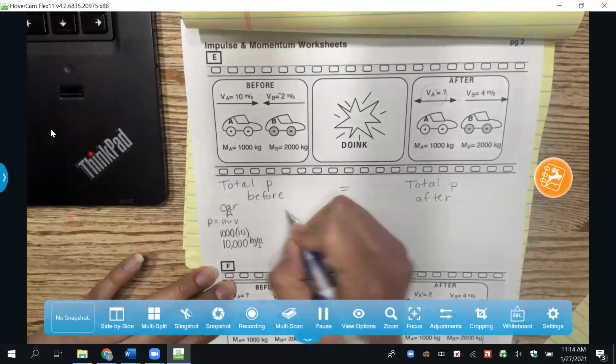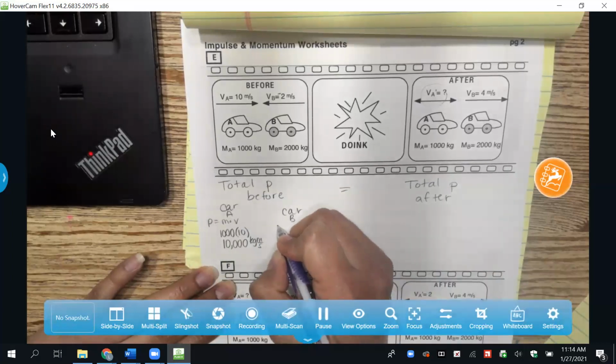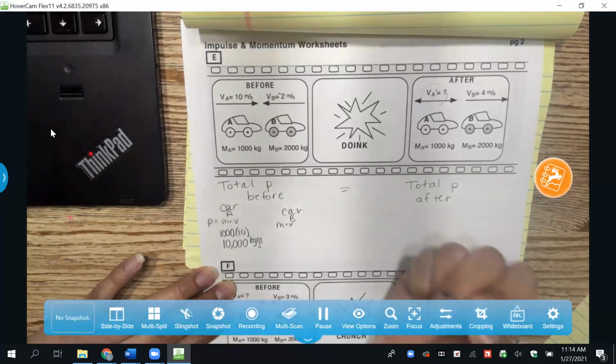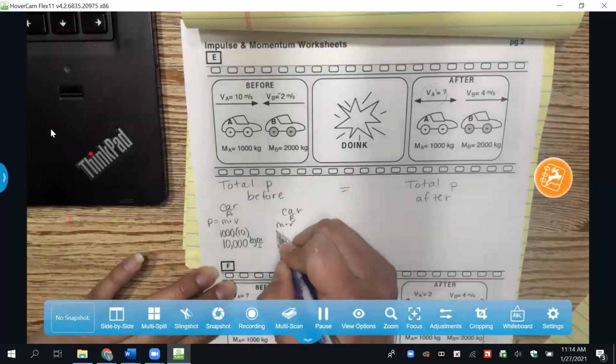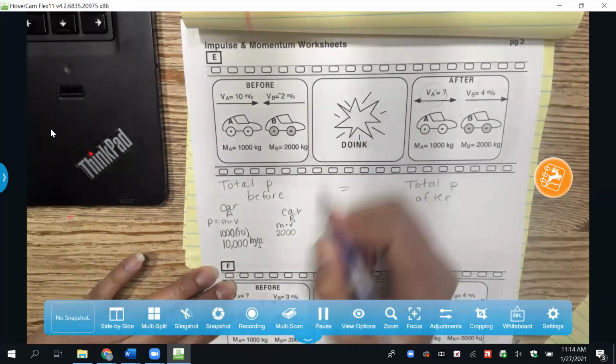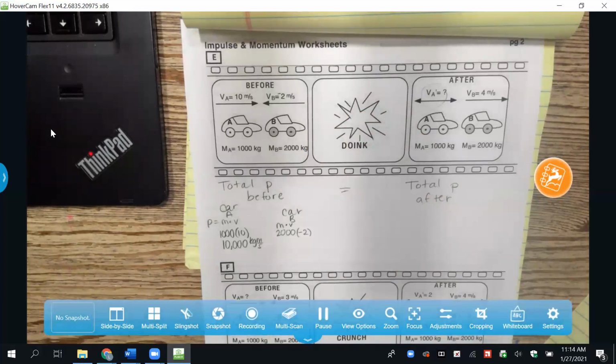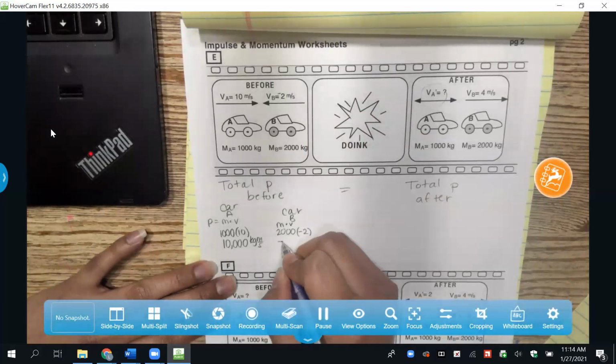Car B has a momentum of mass times velocity, because that's how we find momentum, 2,000 times its velocity, -2. And so its momentum is -4,000.